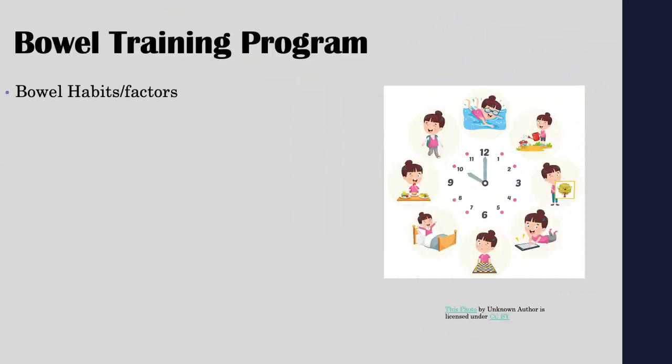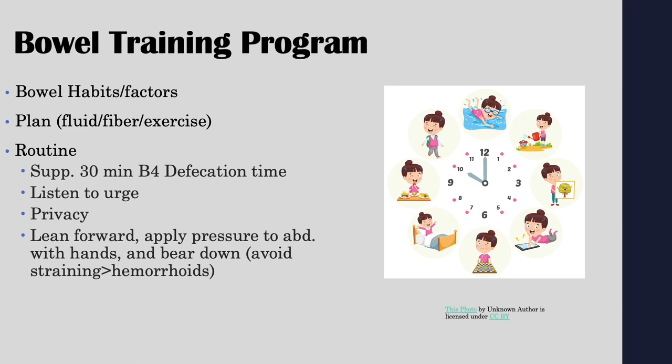Bowel training program. When implementing a bowel training program, you want to begin by assessing your patient's bowel habits and different factors that may affect defecation. You want to plan to include fluid, fiber, and exercise, and you want to help establish a routine.